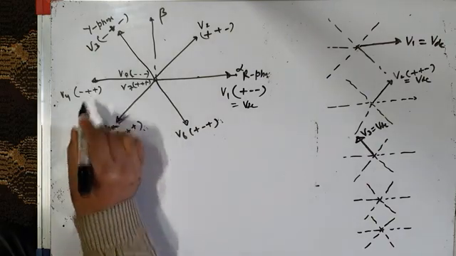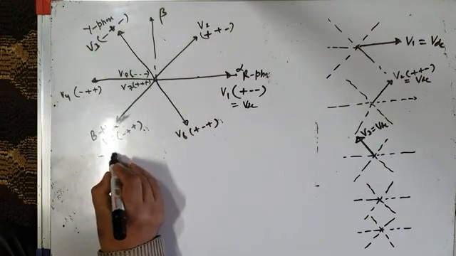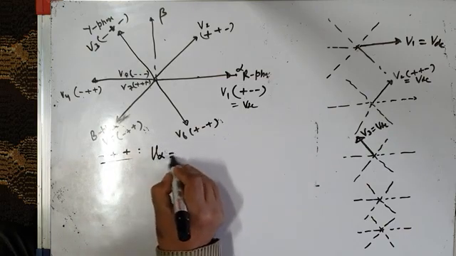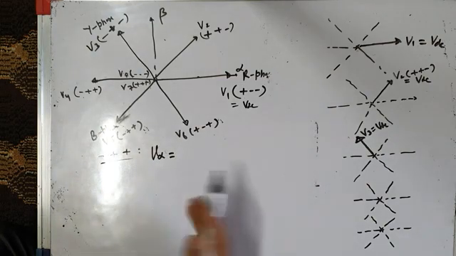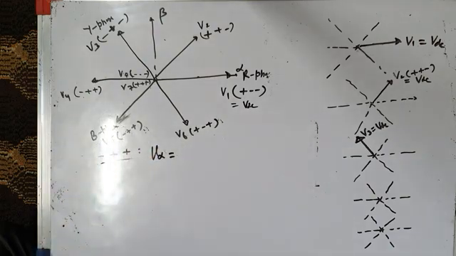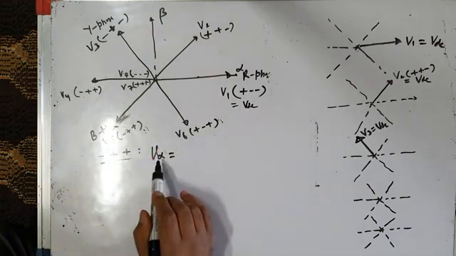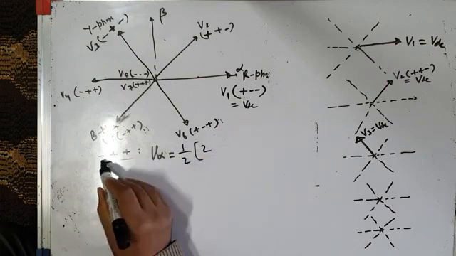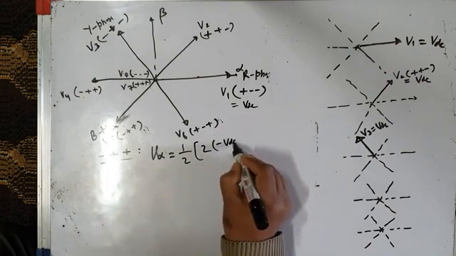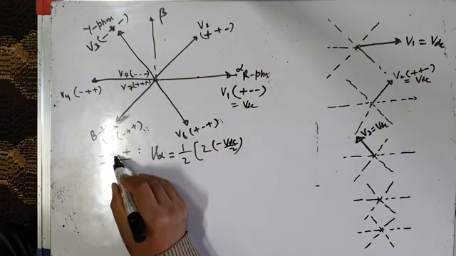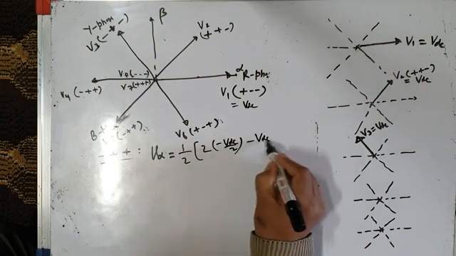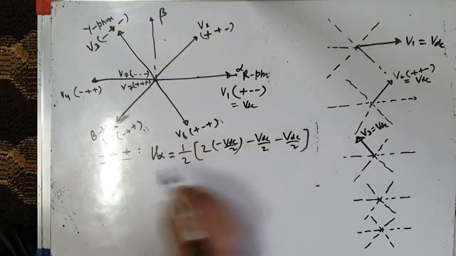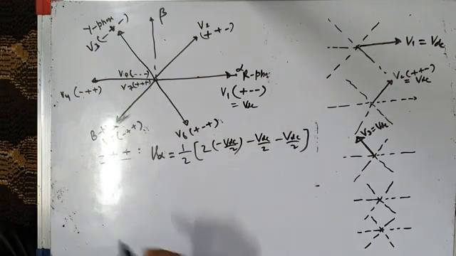The fourth switching state is minus plus plus. Let us be very quick. It will also produce three-phase voltages, and when transforming those into two-phase voltages, the alpha component is 1 by 2 into 2 VRO. VRO is minus VDC by 2. I will write here minus VYO, that is minus VDC by 2, minus VBO, minus VDC by 2, because these are plus plus, which means the top switches are on.